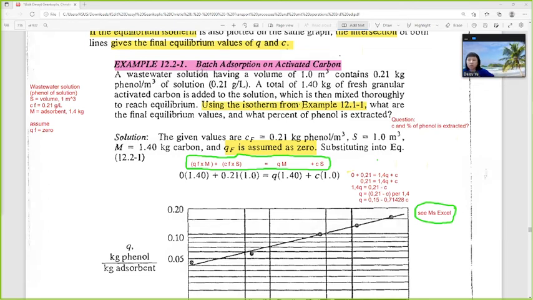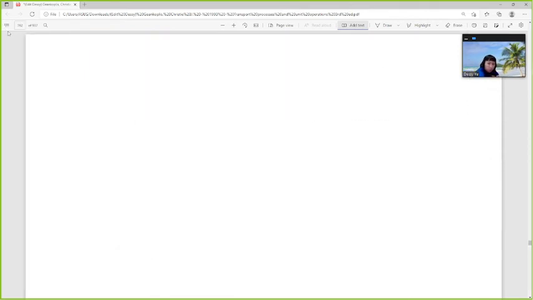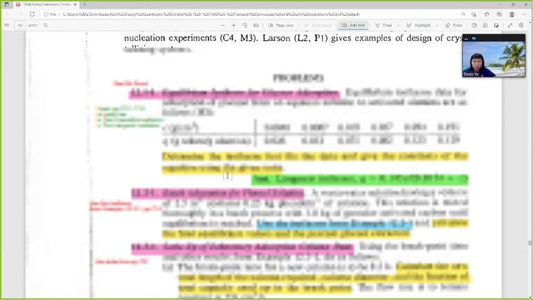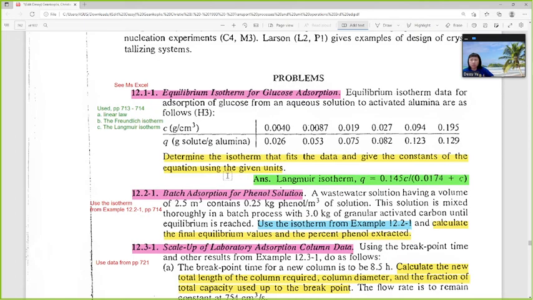I think you need more exercise, in the problems on page 262. This discusses an exercise on batch adsorption, and in this problem we use the same isotherm equilibrium data from example 12.21.